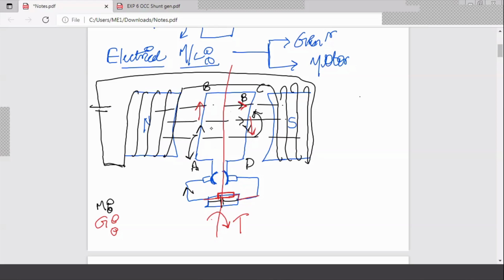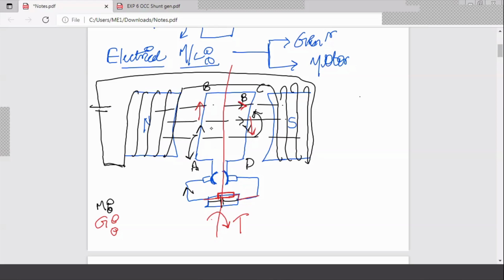Again, check your three fingers, okay? The thumb points to the direction of motion. B is with the forefinger, and current is in the direction of your third finger. So if I point my right hand in the direction of field from left to right, and movement is upwards for AB coil, where will the current be?